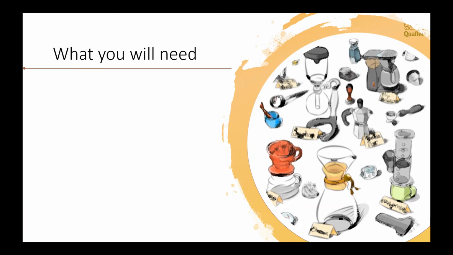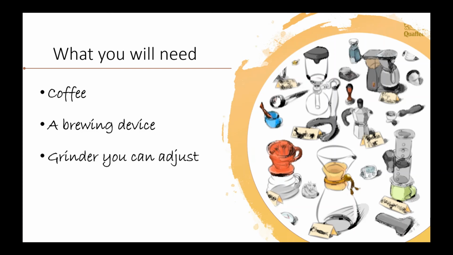What do you need? Well, you'll need to have some coffee that you like and you know well. Just remember that for us, coffee is like wine. You need to have many different coffees in your life to be a fully satisfied coffee drinker. You need a brewing device, a grinder you can adjust, so this means not a blade grinder, and also you can't buy pre-ground coffees.